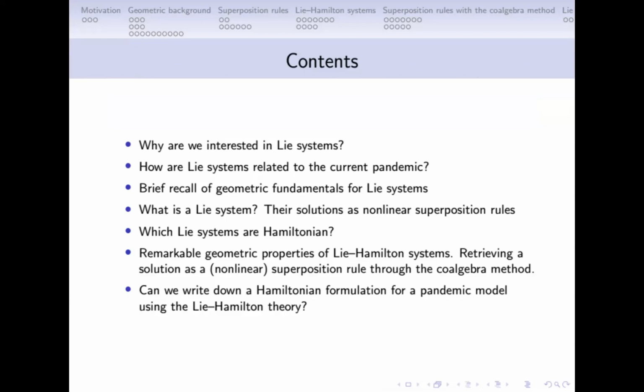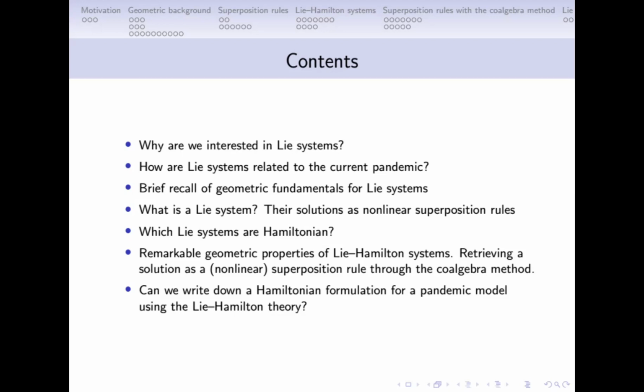Then we will start with the geometric fundamentals for these systems, and we will define what a Lie system is, and take a look at their solutions, which are interesting to me because they are nonlinear systems, but they admit a superposition rule, and this superposition rule happens to be nonlinear, and this is based on a good geometrical feature of these systems that we will see in forthcoming slides.